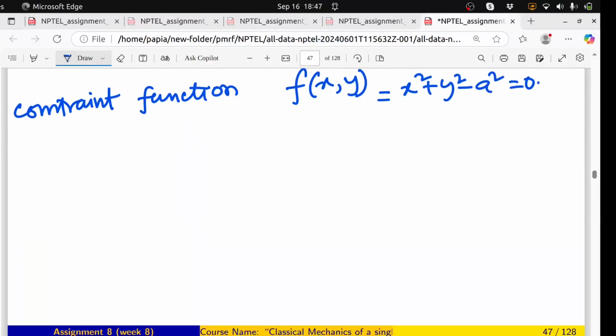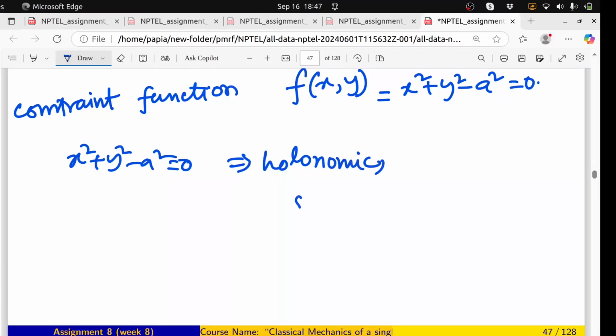Now I can see that x square plus y square minus a square equals 0. Which type of constraint is it? It is holonomic and scleronomic as well, because there is no t part, and this is an equation.